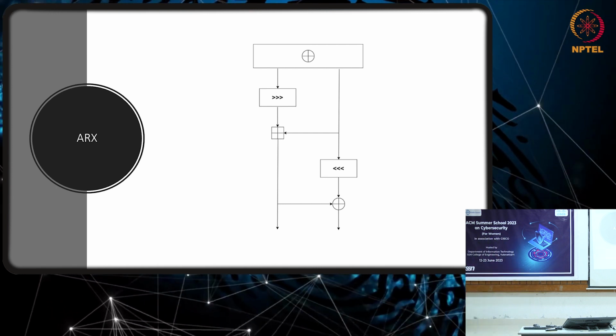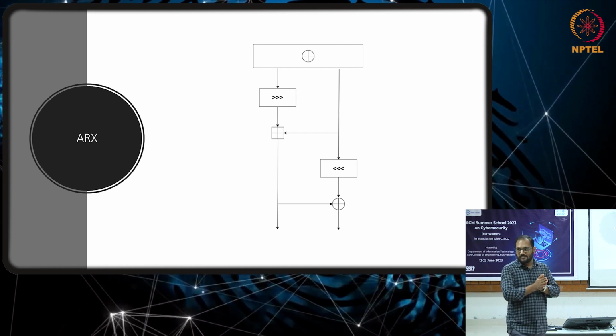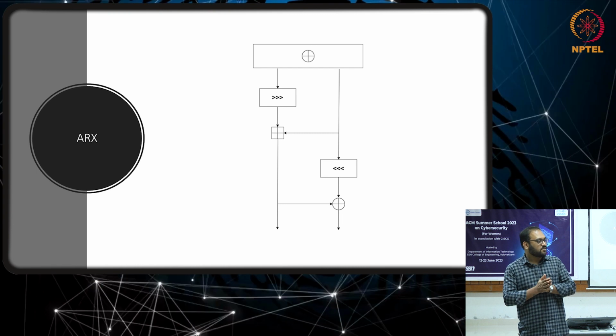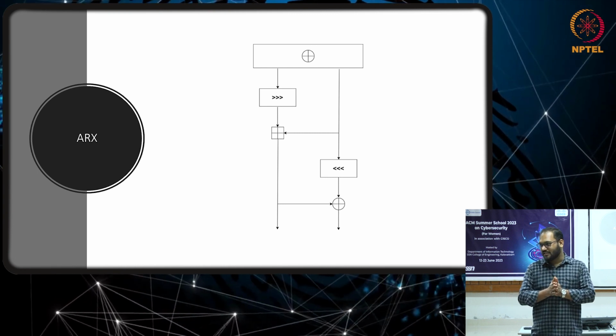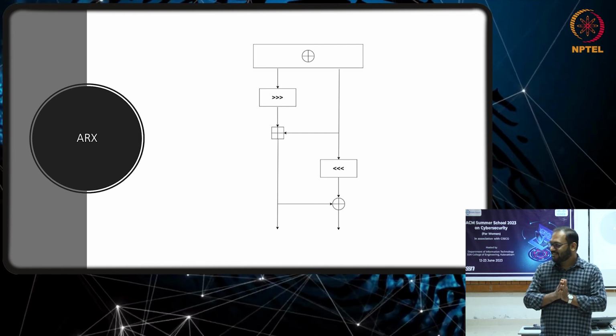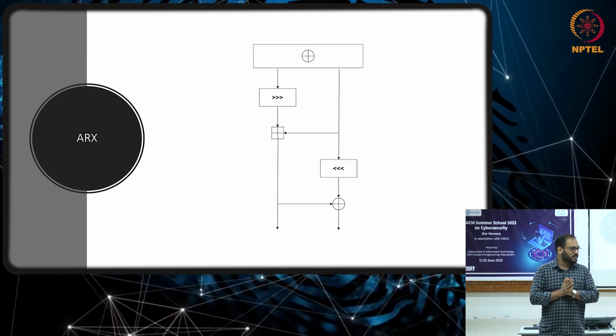Is it the symbol of XOR? XOR has a square or a round circle. So what is this symbol? A square with a plus in it.